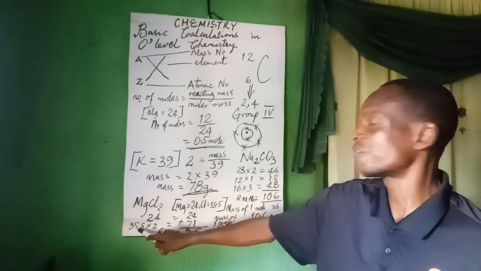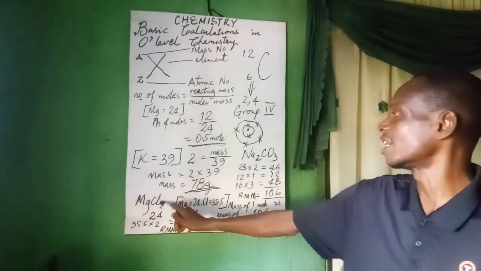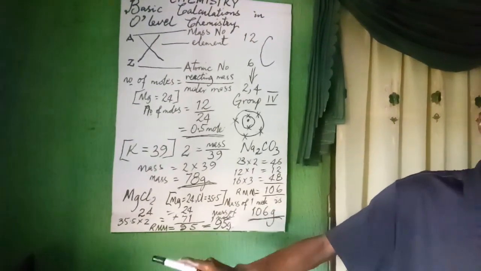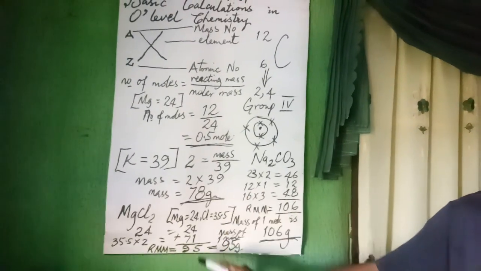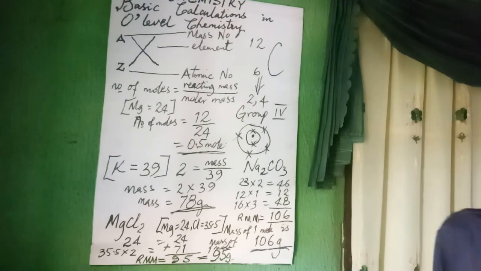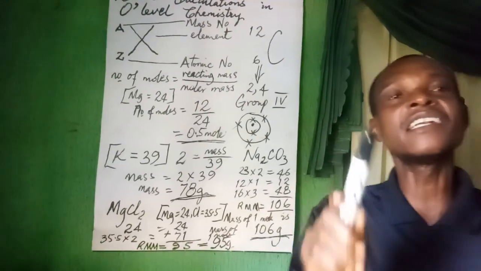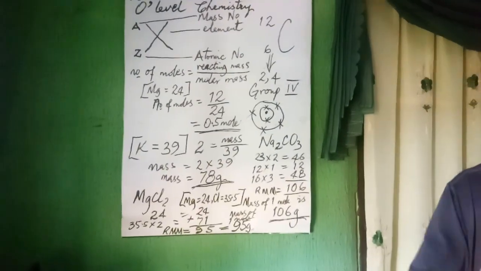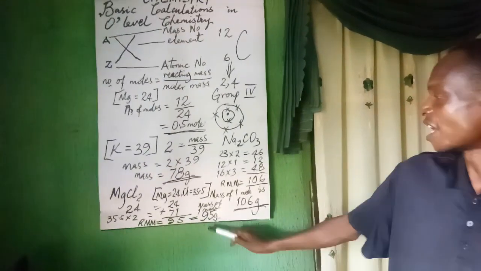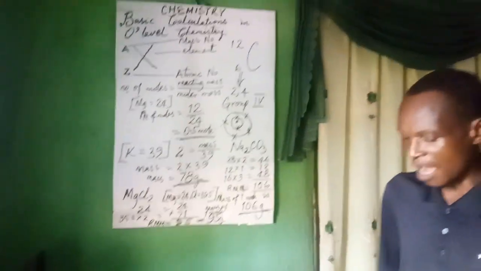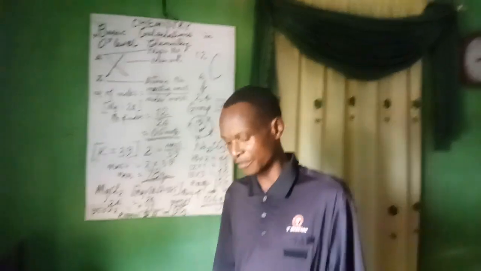Chlorine 35.5 for 1 atom. And since there are 2, we are going to multiply by 2. That gives us 71. The relative molecular mass, which goes without a symbol, will be 95, while the mass of 1 mole, which is either the relative atomic mass of an element or the relative molecular mass of a compound expressed in grams, will now be 95 what? Grams. That is it.